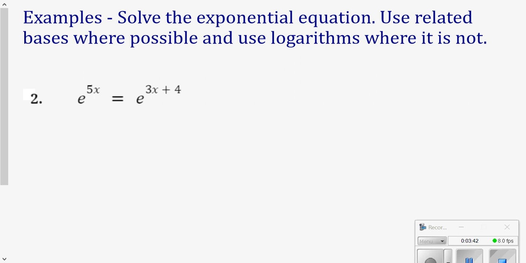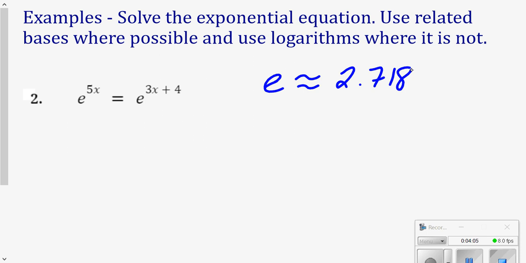The next question. Oh, this is a great time to remind yourselves about e. E is a number. It is similar to pi in that it also is an irrational number, which means in decimal version, it goes on forever without repeating. The decimal estimate of e is 2.718.